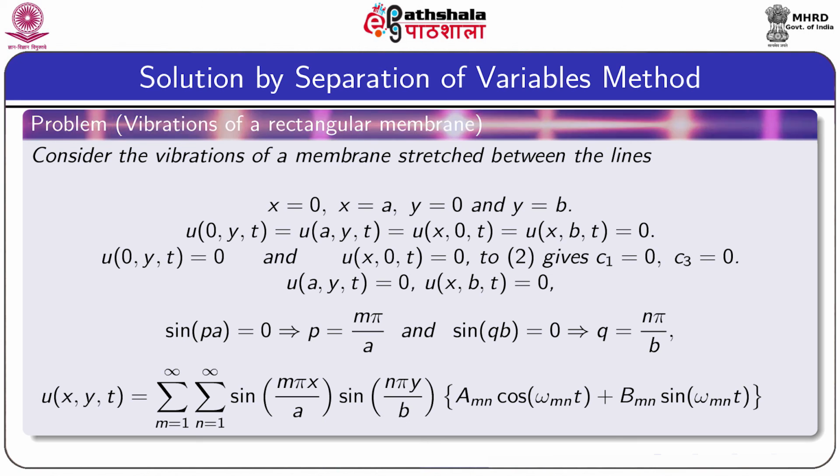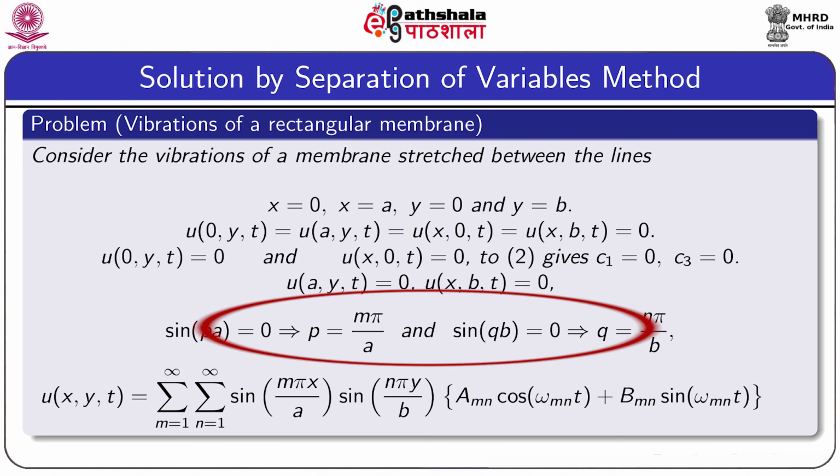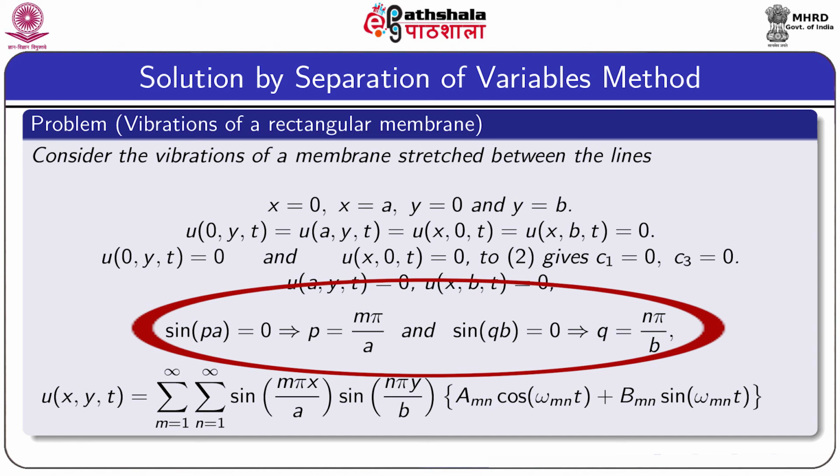We have two more conditions, which are u at x equals a equals 0 and u at y equals b equals 0. Now, u at x equals a equals 0 gives sin pa equals 0.